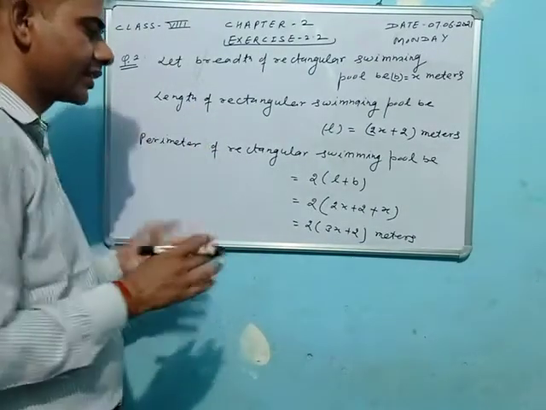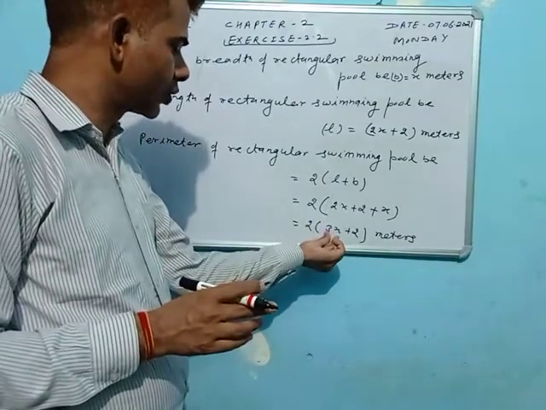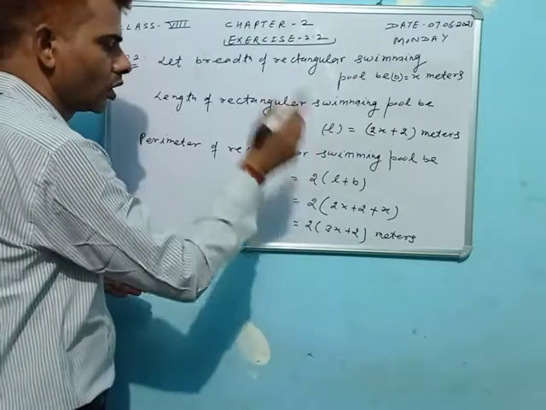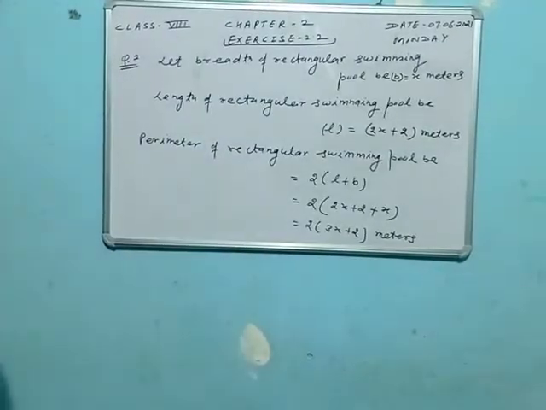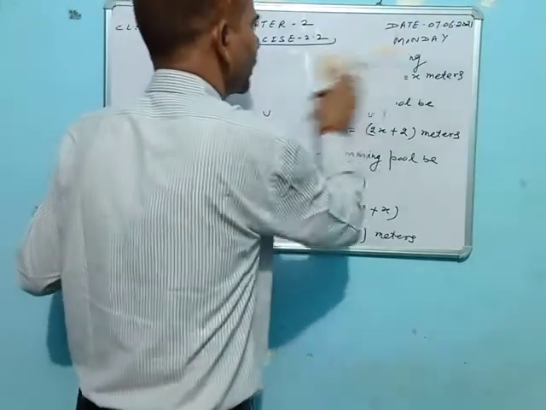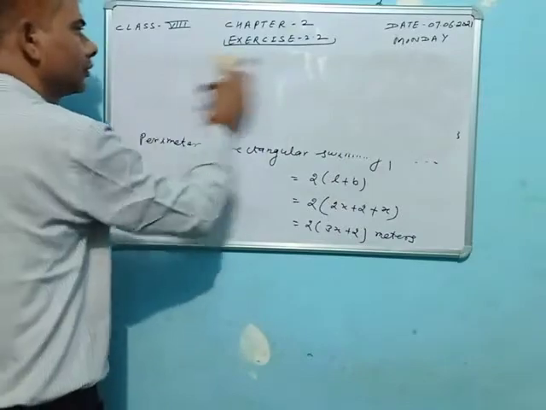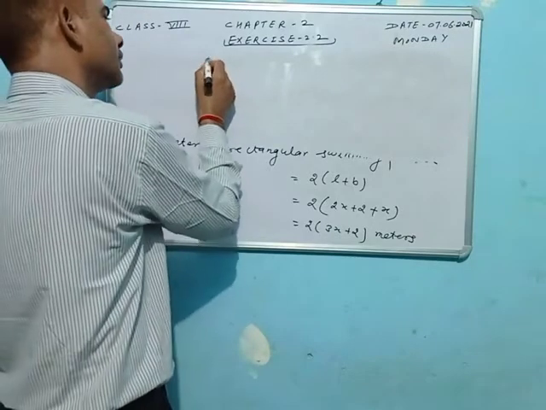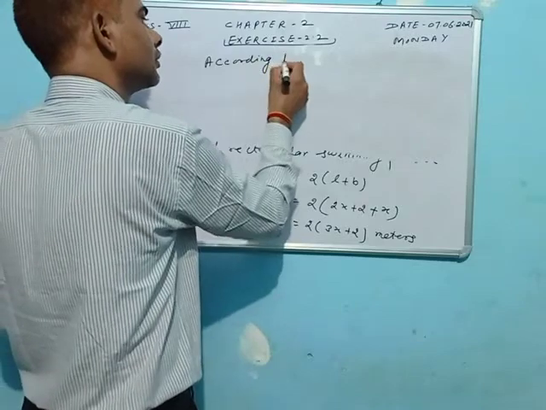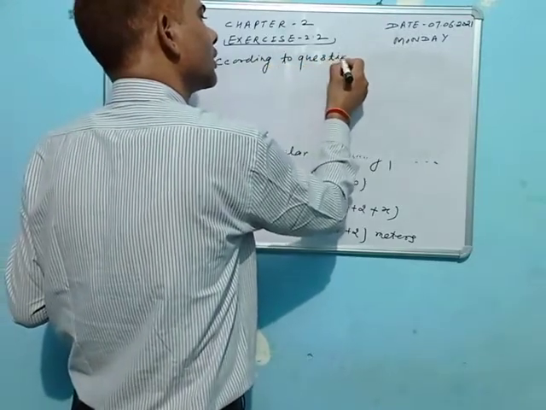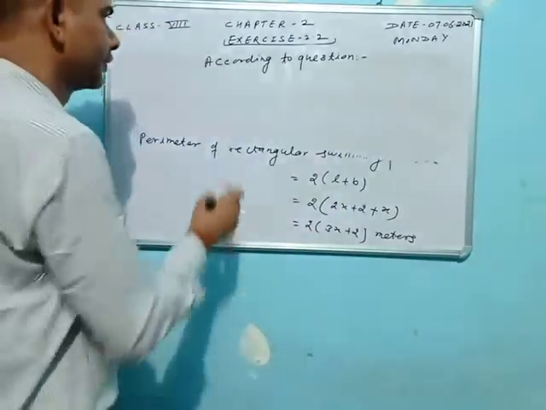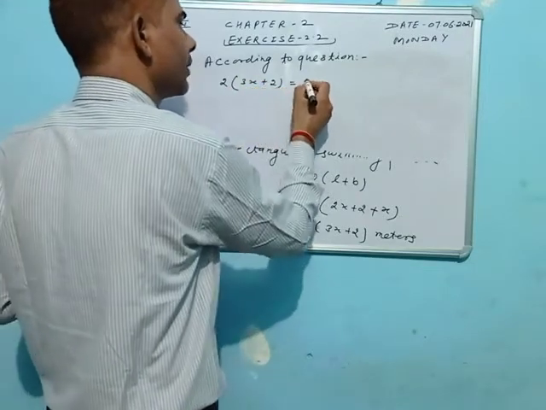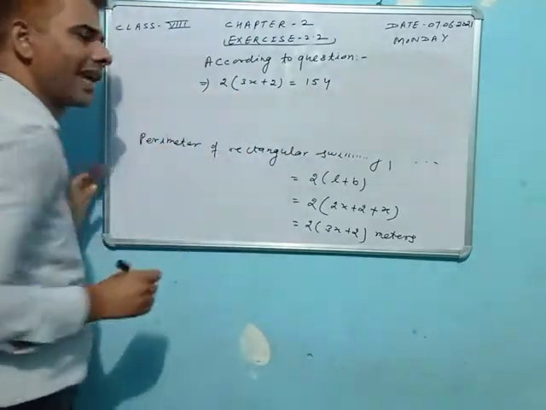So the perimeter is 3x plus 2, and that is also the perimeter, that is 154. According to the question, now it will be equated.